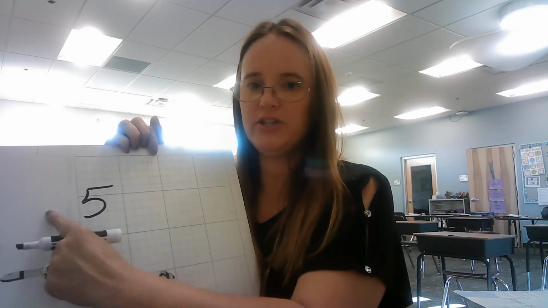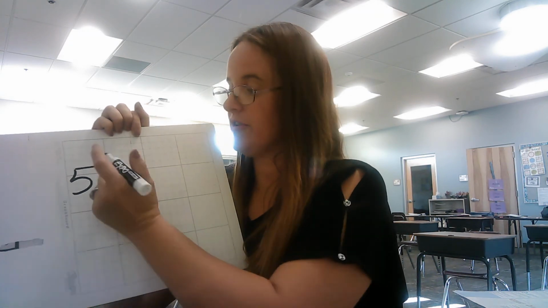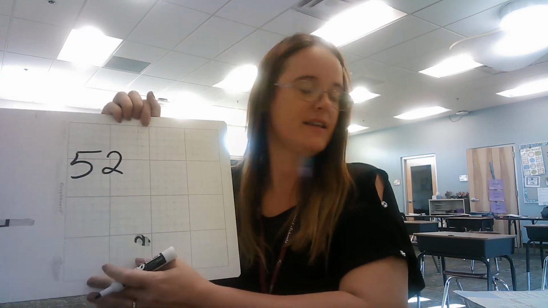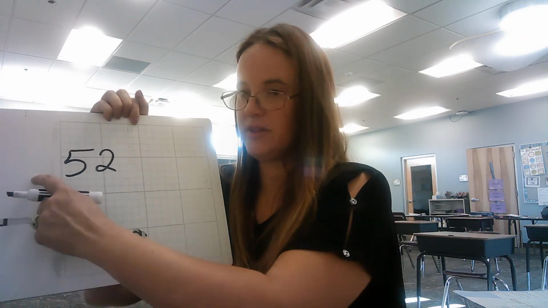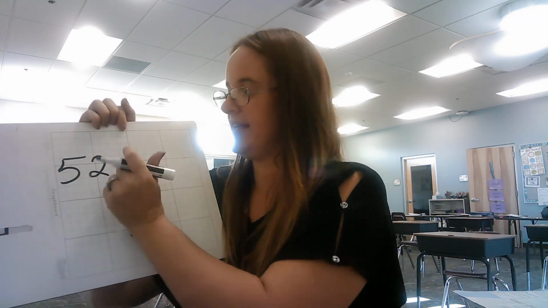And then 2 tens. Am I going to put my 2 here, or am I going to put my 2 here? Remember, this is 5 hundreds, so tens is going to go over here. 2 tens and 3 ones. Am I going to put the ones here? No, silly, that'd be hundreds place. 3 ones.